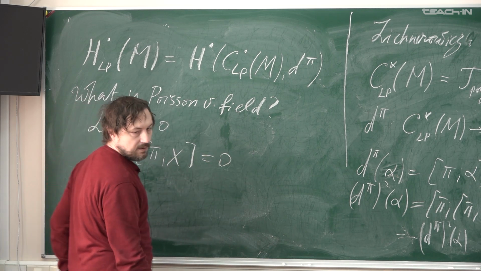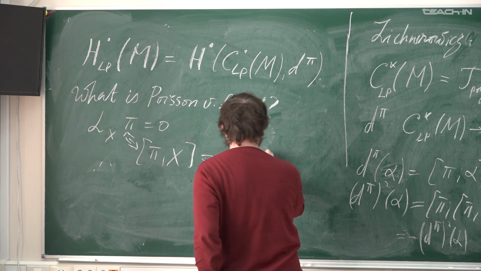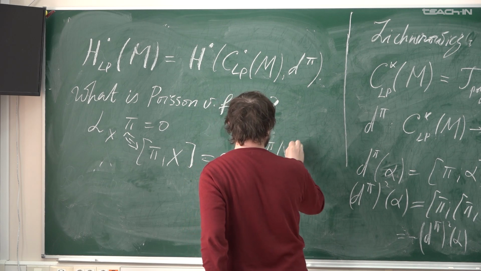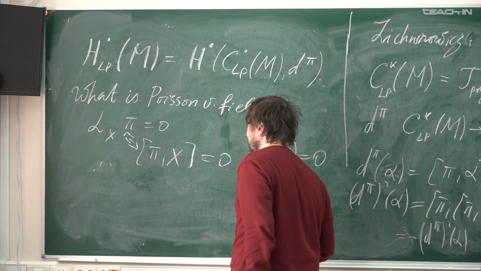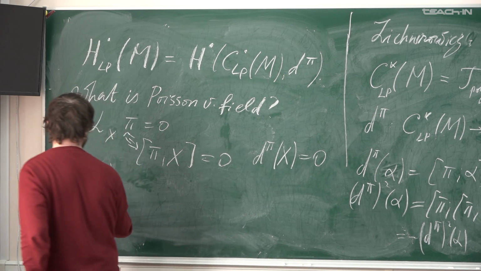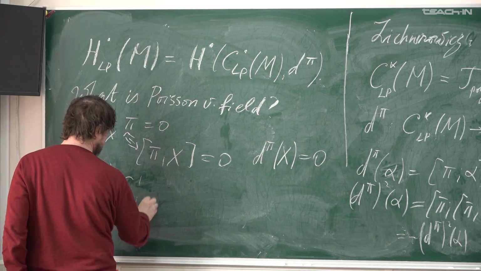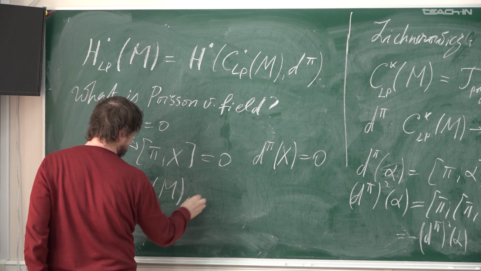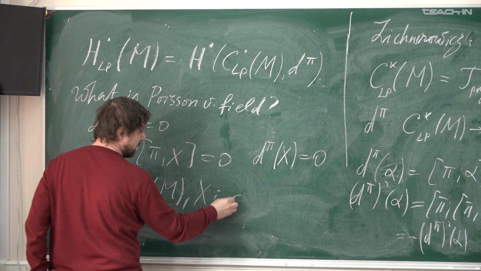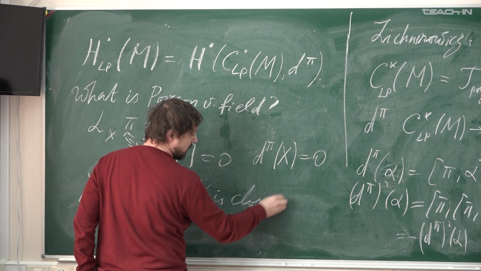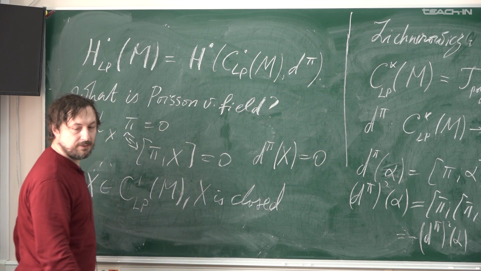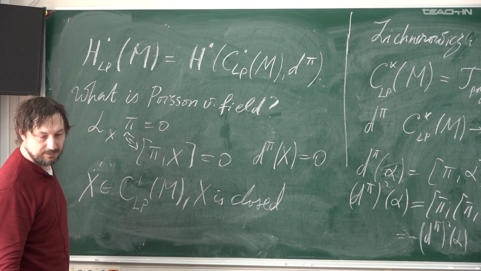Right? So that means that d_pi of X is equal to 0. So X is in C^1_LP(M), and X is closed. What does it mean for it to be exact?